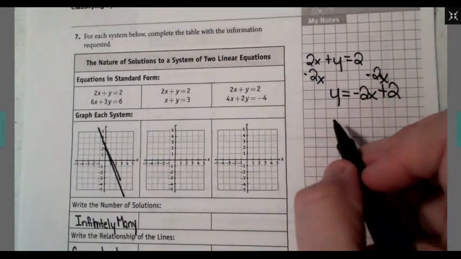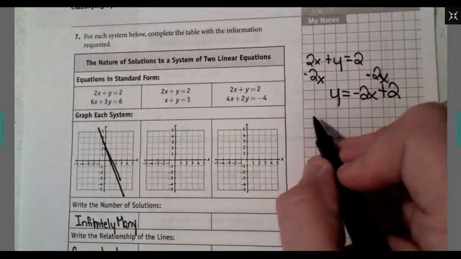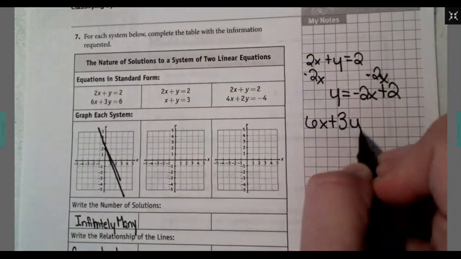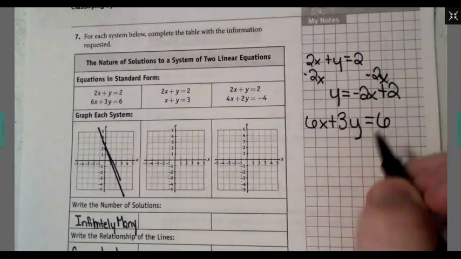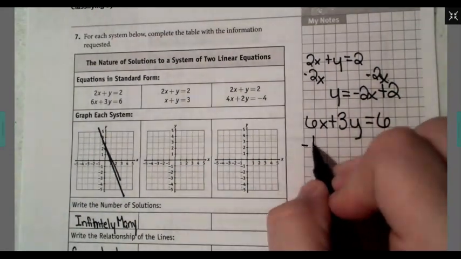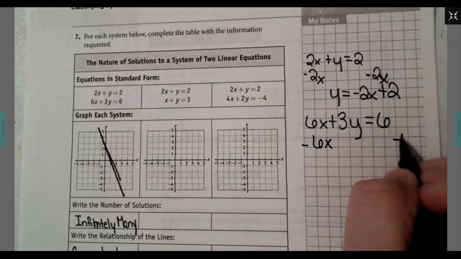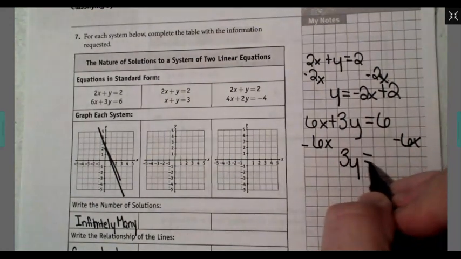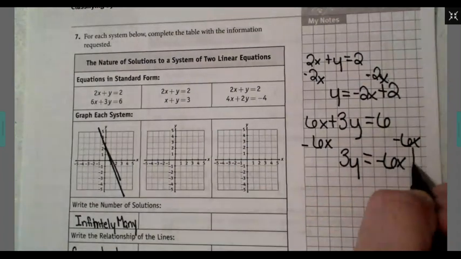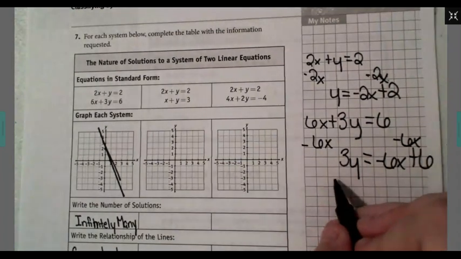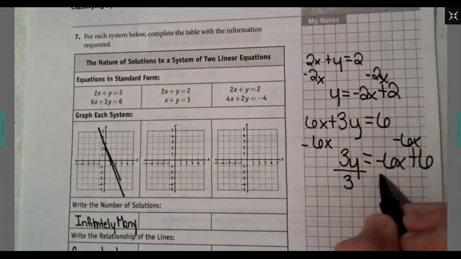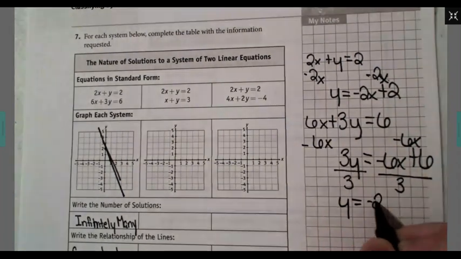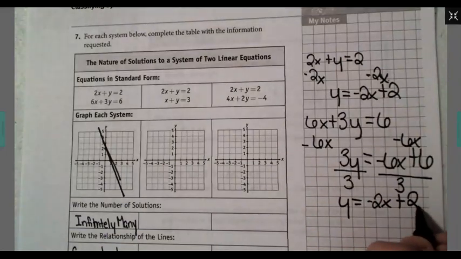I'm going to solve the second equation for y as well. We've got 6x plus 3y equals 6. I'm going to subtract 6x. It gives me 3y equals negative 6x plus 6. And we can divide by 3. This gives me y equal to negative 2x plus 2.